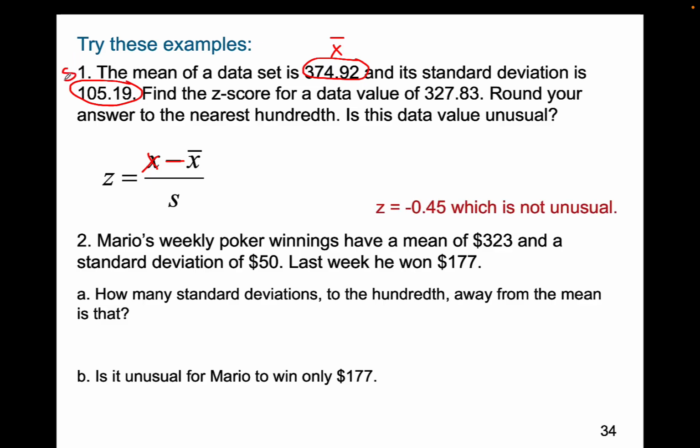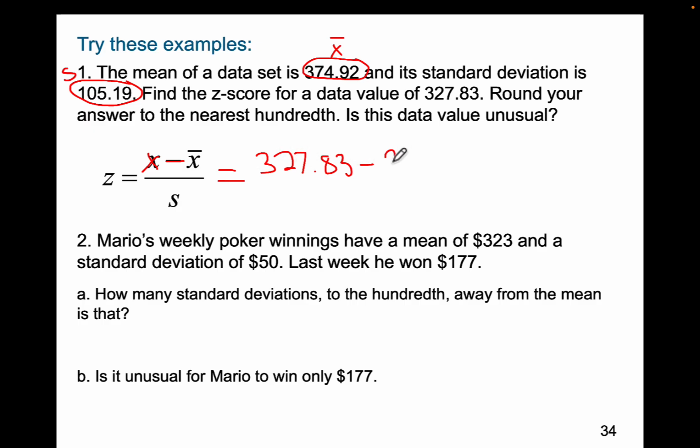That'll look like this. 327.83 is the data value we're interested in. We're trying to find its Z-score.